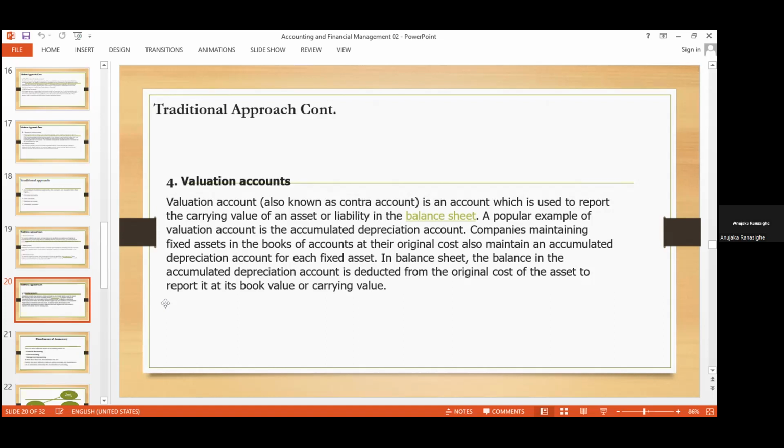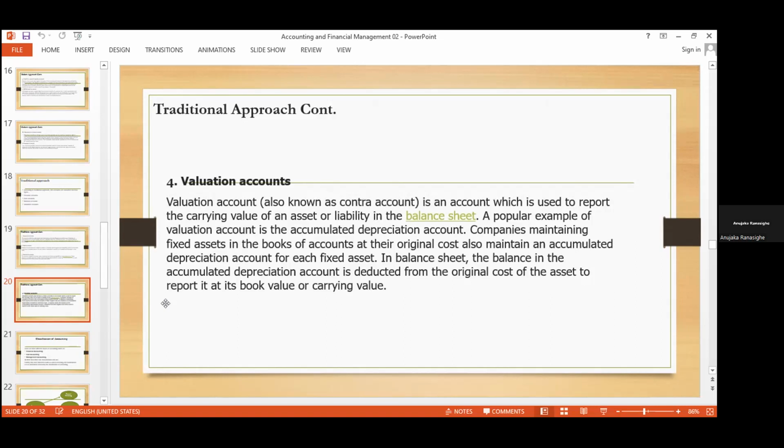under the traditional approach. Valuation account, also known as contra account. Contra account means not applicable to the financial statements.